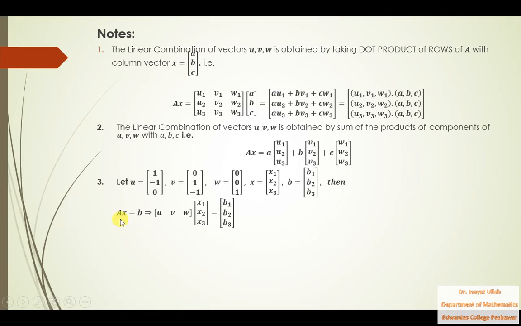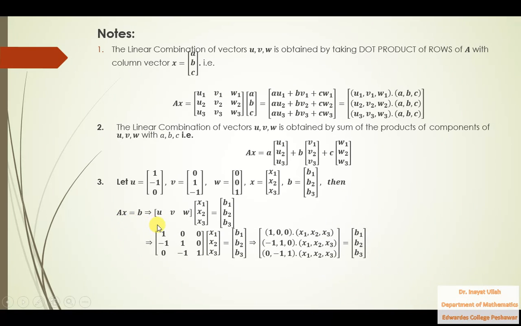How could we calculate it? We have replaced u by its own components, v by its own components, and w by its own components, and that is vector x, that is vector b.